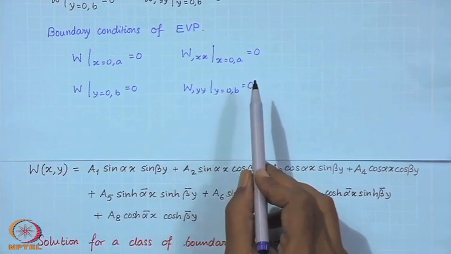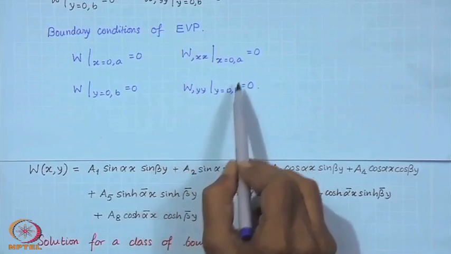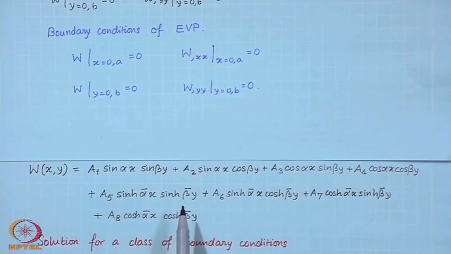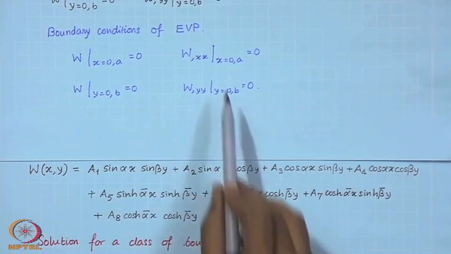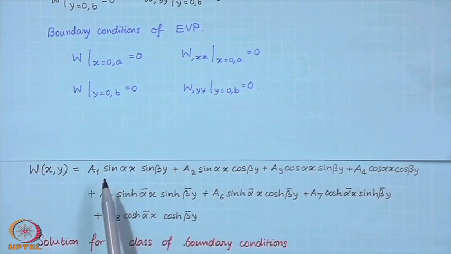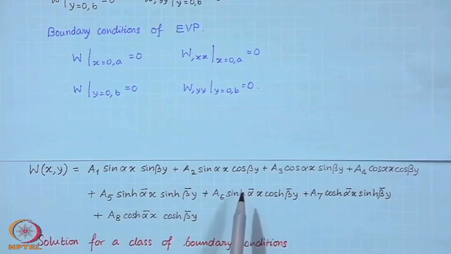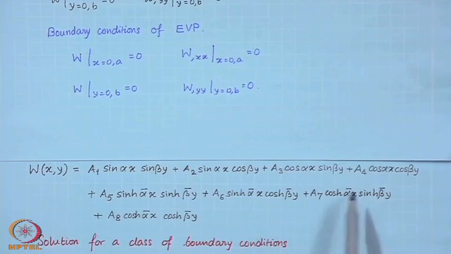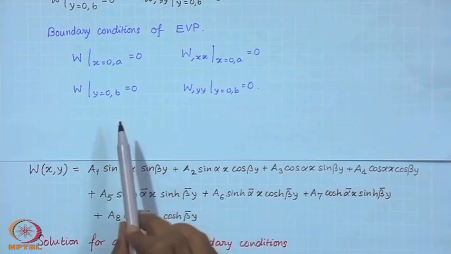Similarly, when you take double derivative with respect to x and look at x equal to 0, again you will find that those terms will vanish.